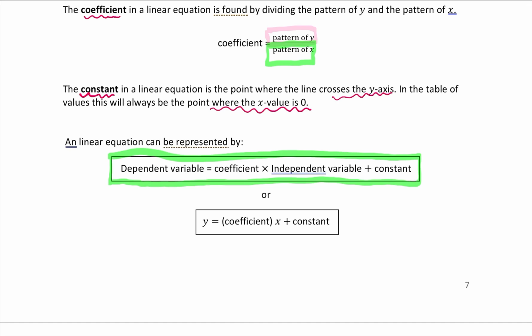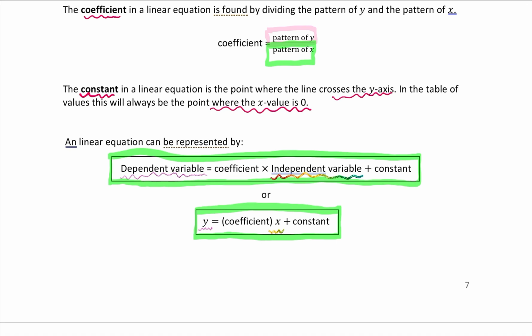So another way you can write this, our dependent variable is always y, equals coefficient, our independent variable is always x, plus the constant. These two equations mean the same thing. All I did was change dependent variable to y, and I changed the words independent variable to x, just to match my table of values.